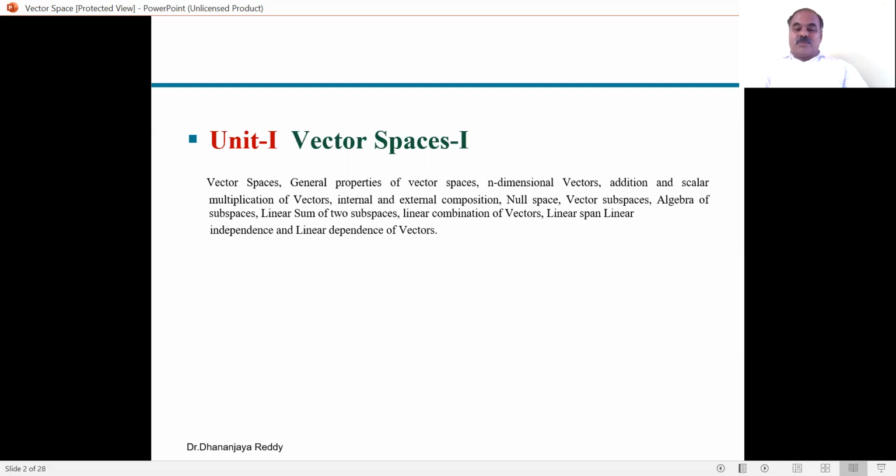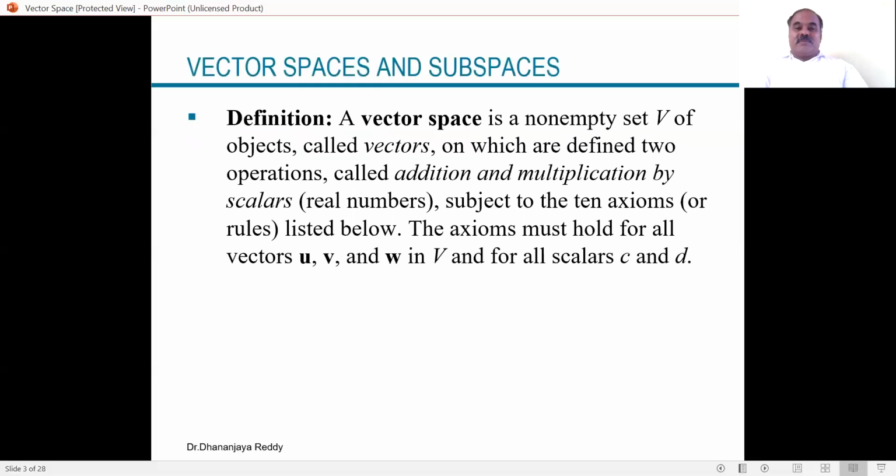Okay, let us go for definition of vector space. Now, we know capital V is the set of objects that is called set of vectors.